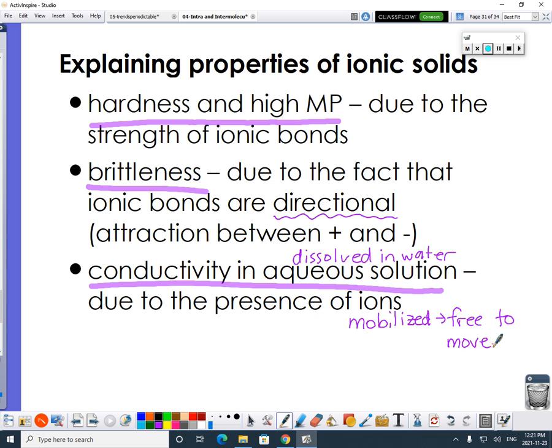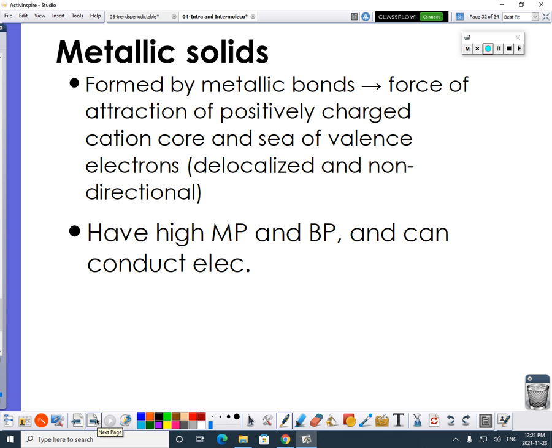Okay, and then last but not least, metallic bonds or solids. So how wonderful they have metallic bonds. And again, this is in the note earlier, but if you want to rewrite it here, metallic bonds are transition metals.